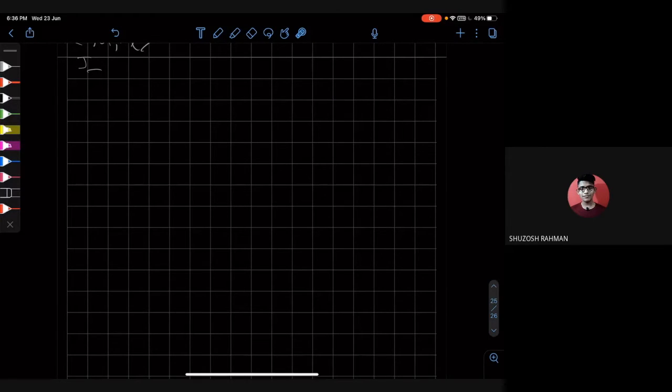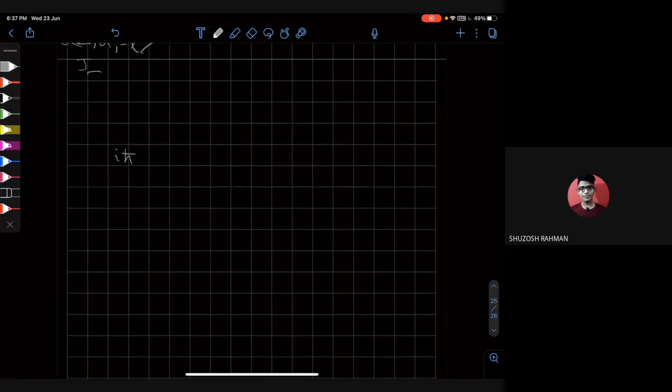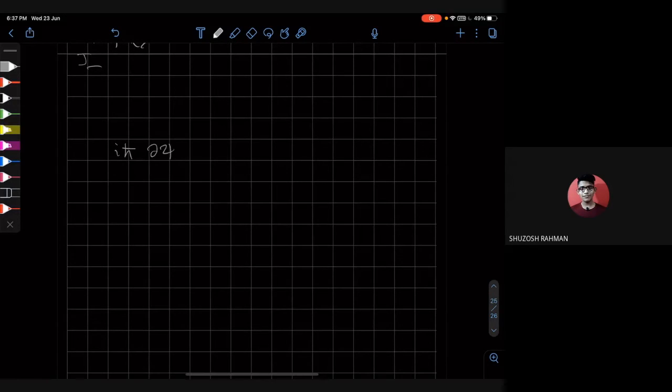So this is your equation: i h bar d by dt of psi of t equals h psi of t. The important thing here is that h is time independent.